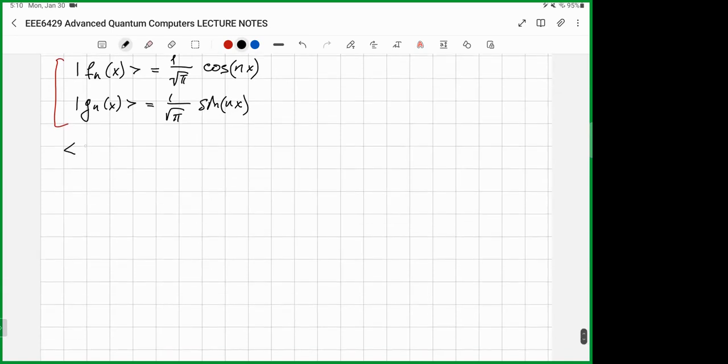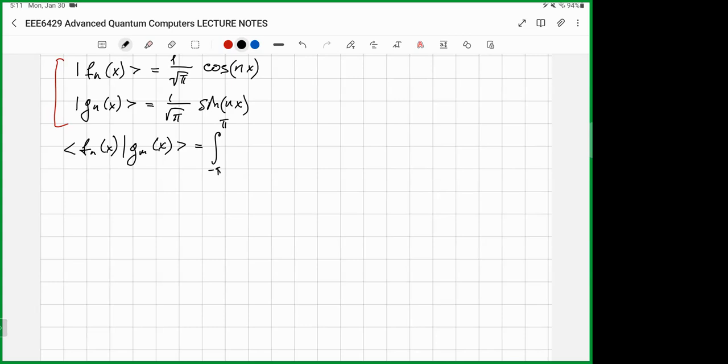So for example, I write f_n of x, then g_m, where n doesn't equal m now. By the definition of the inner product of two functions, I write the integral from minus pi to pi, because of the periodicity of these functions. Cosine and sine are periodic with period 2 pi, so it's sufficient to take this integral from minus pi to pi.